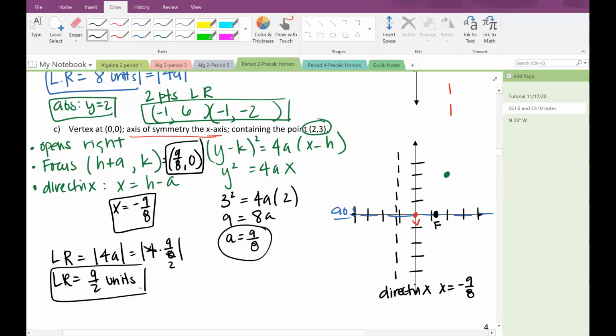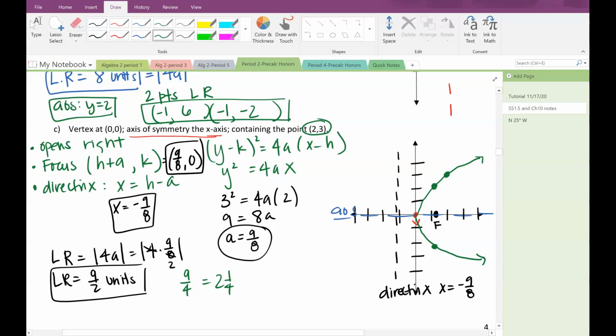That means I'm going to go up from the focus half of 9/2, which is 2 1/4. So let's go up 2 1/4 from the focus and go down 2 1/4 from the focus and connect dots.